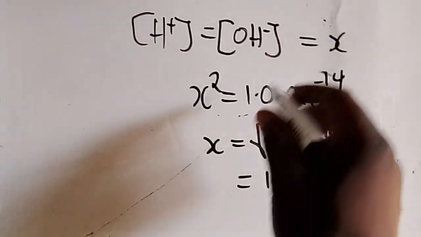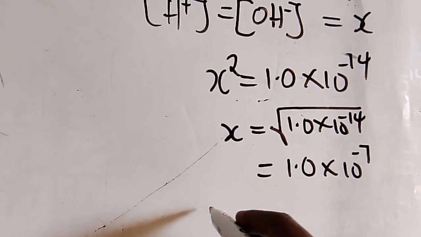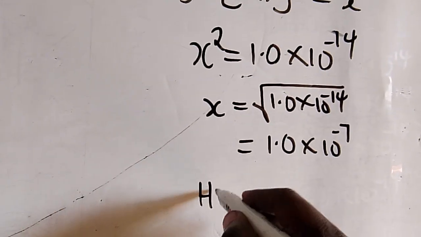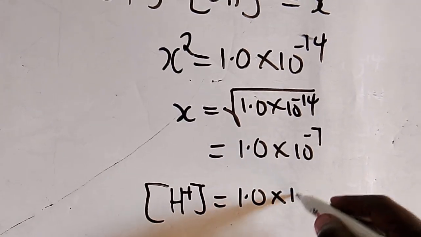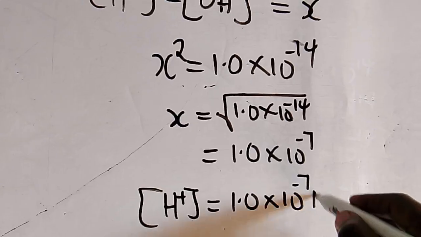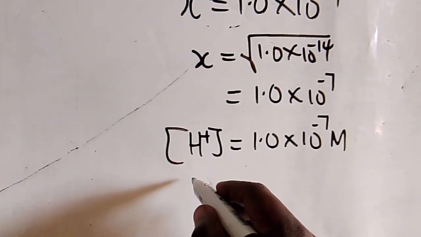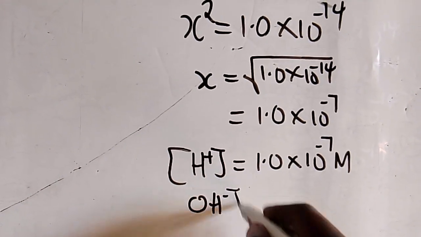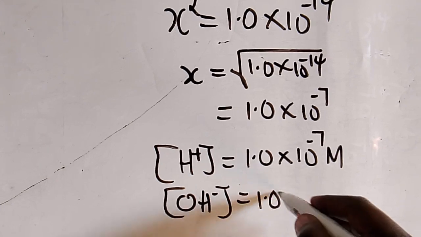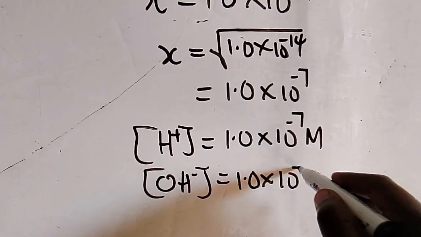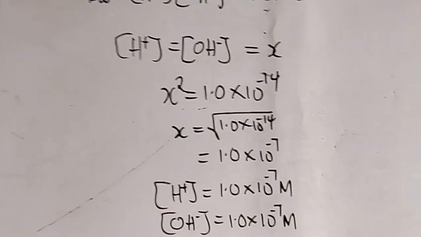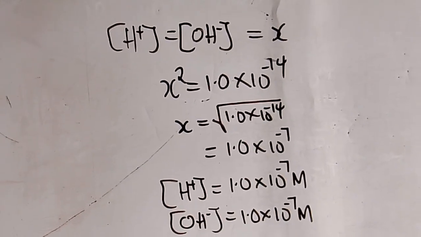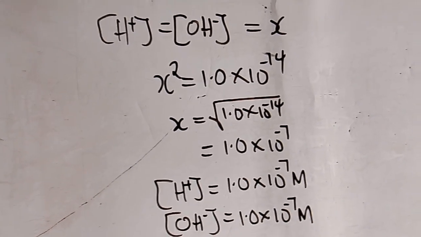So for pure water the concentration of hydrogen ion is 1.0 times 10 to the power negative 7 molar, and the concentration of hydroxide ion is also 1.0 times 10 to the power negative 7 molar. That is at 25 degrees Celsius.